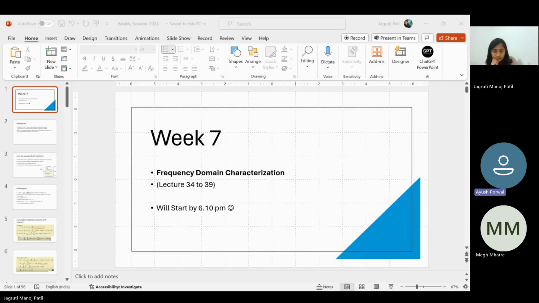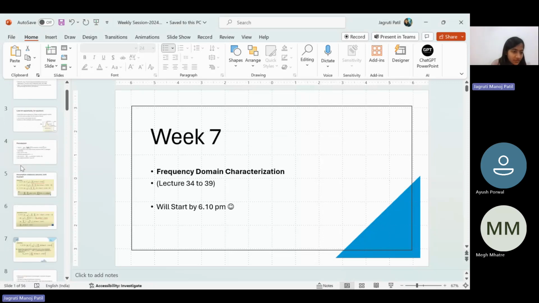When sir was teaching in the lecture, everywhere the limit was minus 1 by 2 to plus 1 by 2, but in the options, limits were given as minus pi to pi. W of omega should be greater than or equal to 0 in minus pi to pi, 0 to pi, minus pi to 0. Do you remember if sir has used omega in the frequency filters, or what he has used actually?